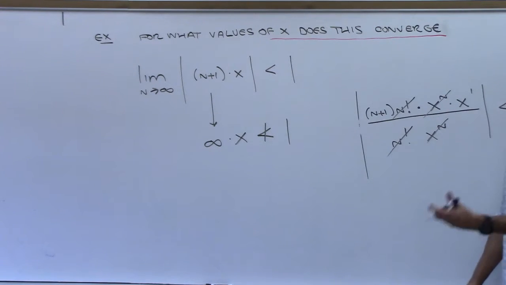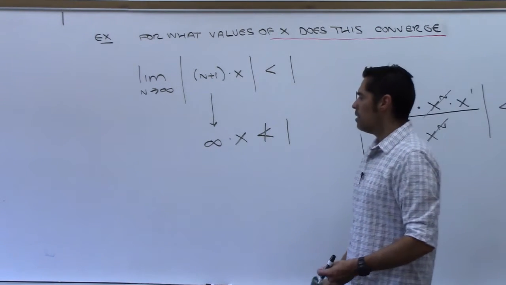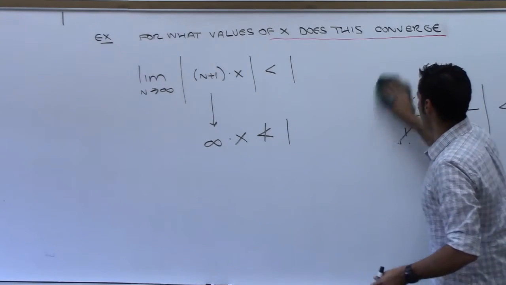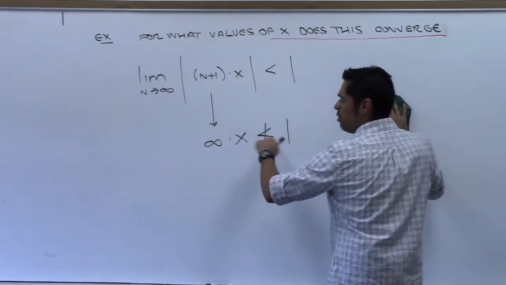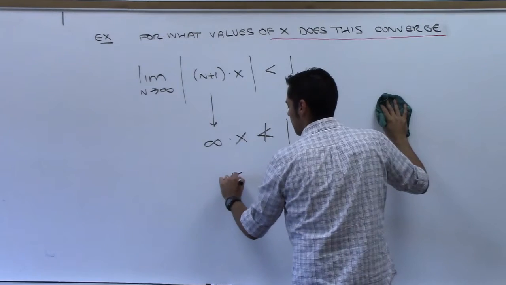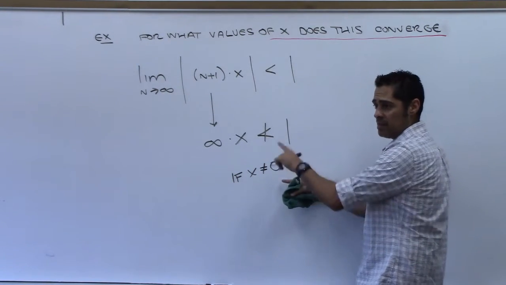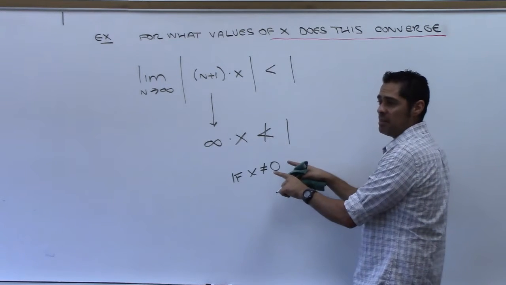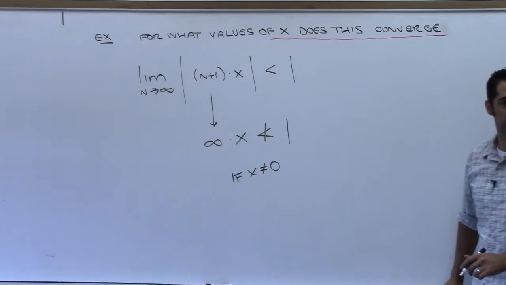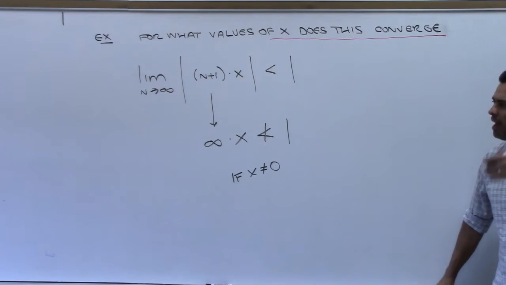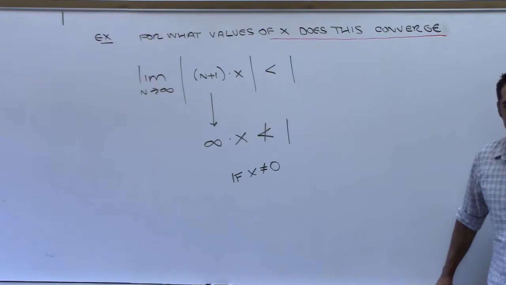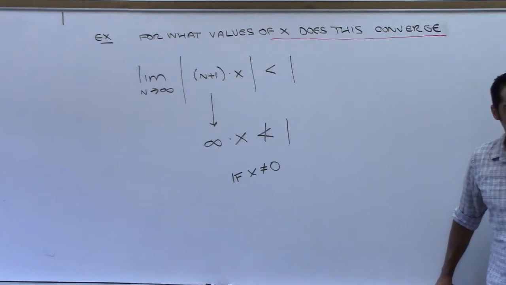If x was 0, it converged. This will not happen if x is not 0. The only way this happens is if x is 0. But we knew that to start the problem, that if x was 0, it converged. You with me? Yes. You pick any other value of x, you're not going to get this thing to converge.